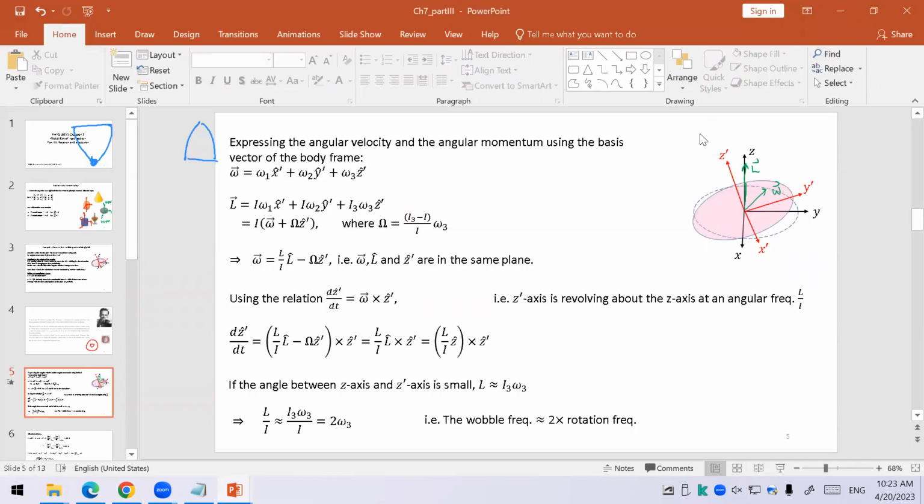You can give a very fast initial rotational velocity, but that will, at the same time, increase the wobbling frequency. So this omega-3 itself will depend on the initial condition that you give. But no matter what, there's a 2-to-1 ratio.